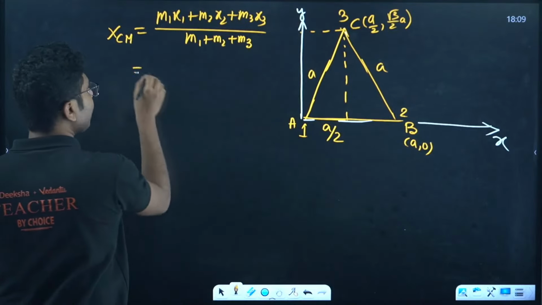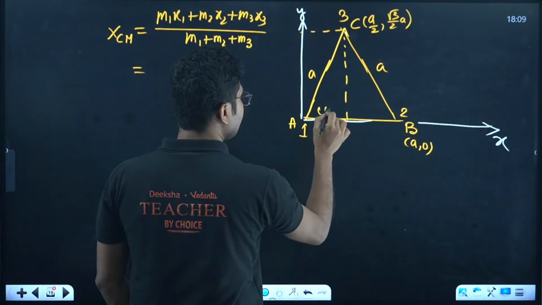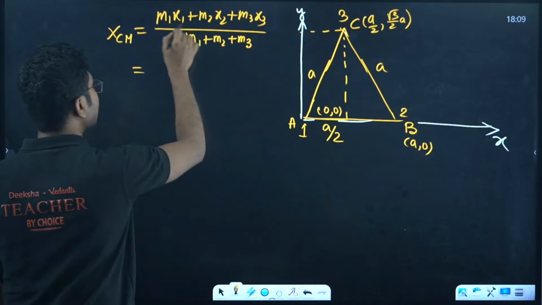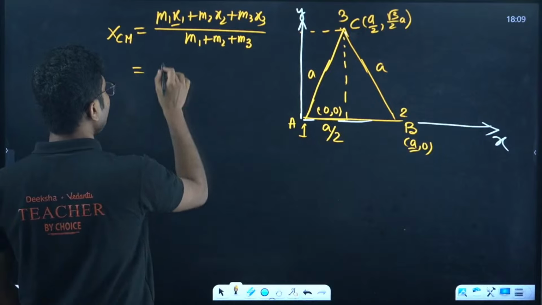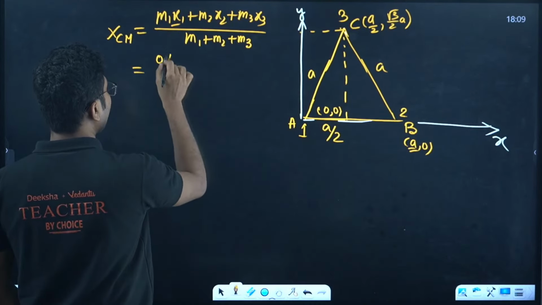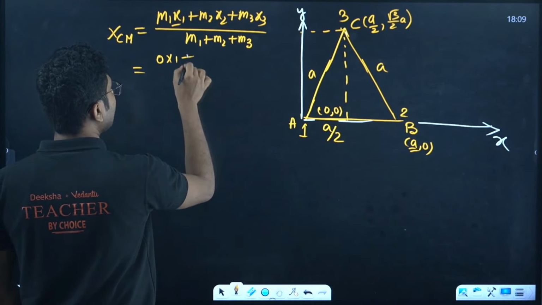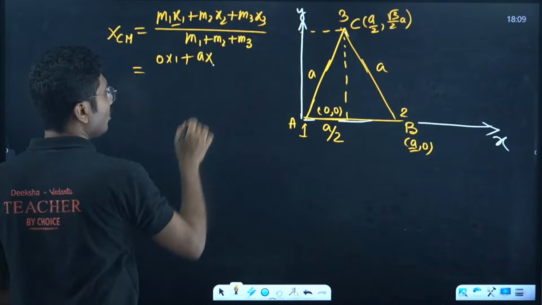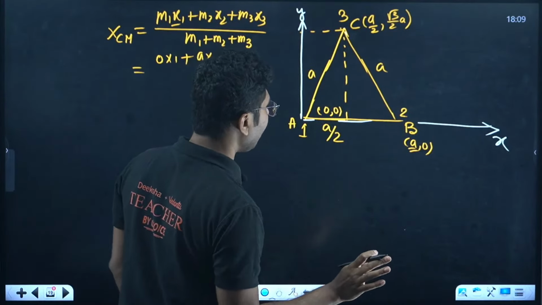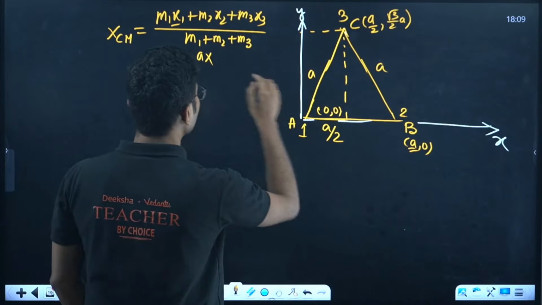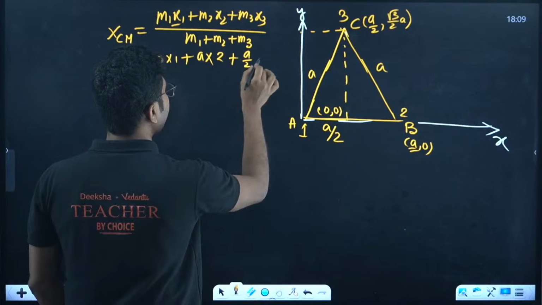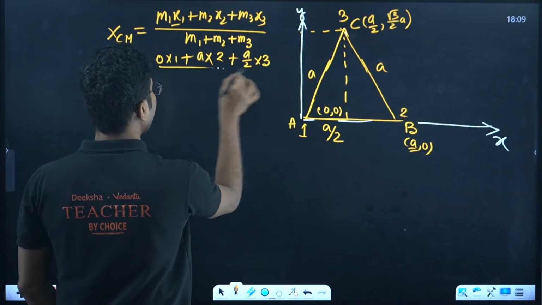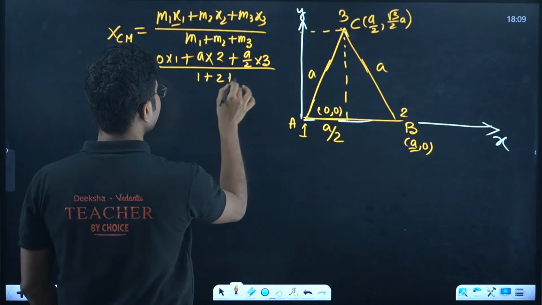Right? Now out of that, for M1, this point is 0, so x1 is 0. This one is A, so 0 into M1 plus A into 2, we will put the value of A in a while, don't worry, plus A by 2 into 3, divided by 1 plus 2 plus 3.